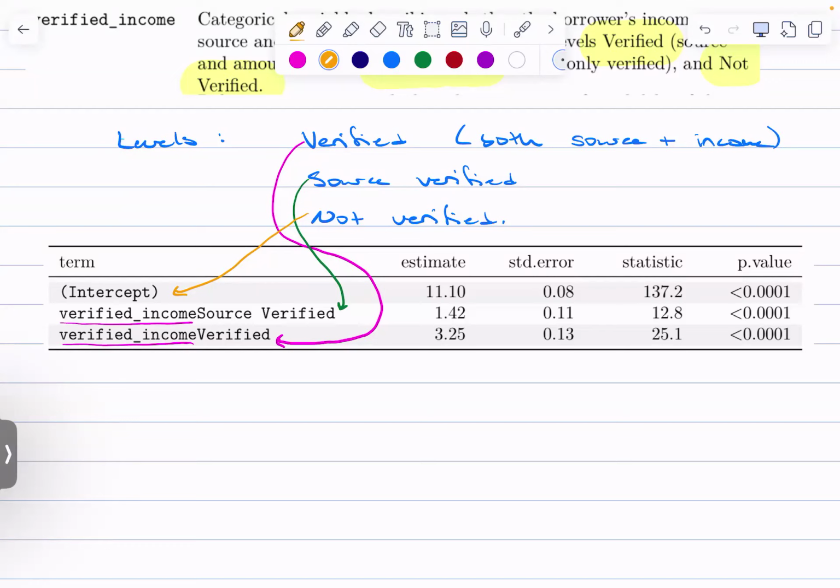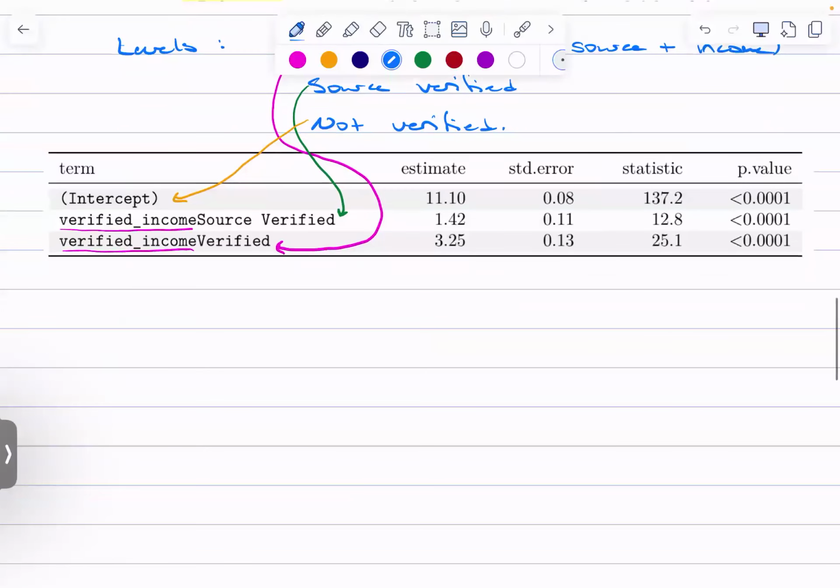And so here, what we've done is, notice each level has been turned into an indicator variable or a dummy variable. Which do you prefer? I don't want to keep saying both. Indicator sounds nicer, doesn't it?